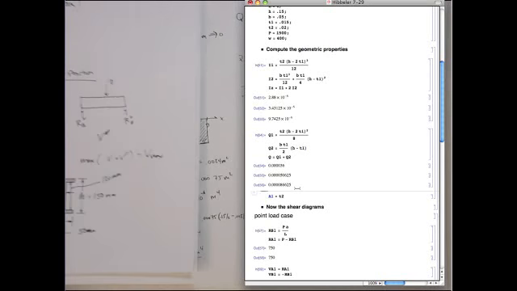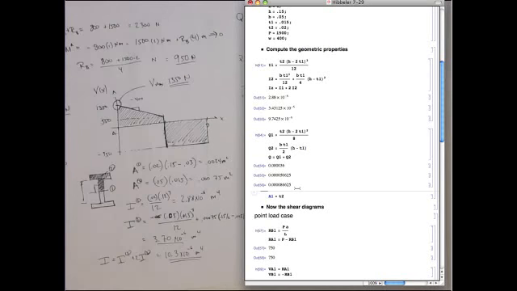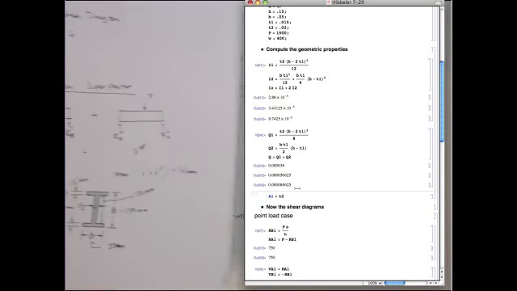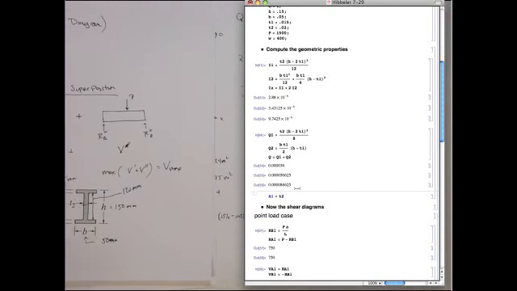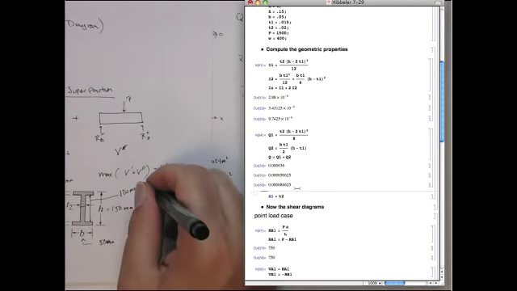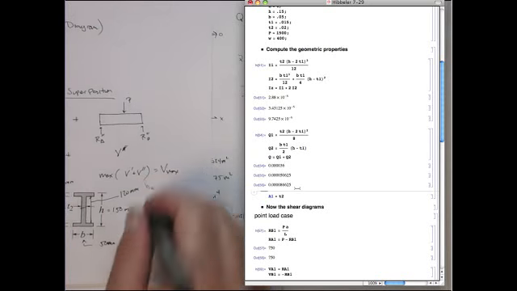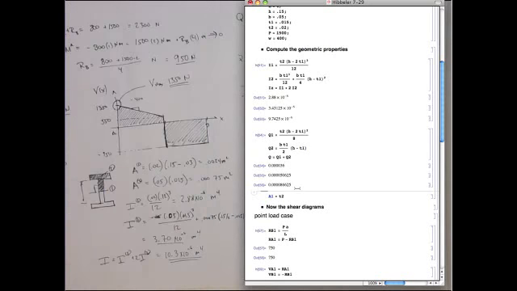I'm going to define this 120 flange height, because that pops up all the time. So I'm going to call that H of the web, HW. All right? So let's define that parameter.